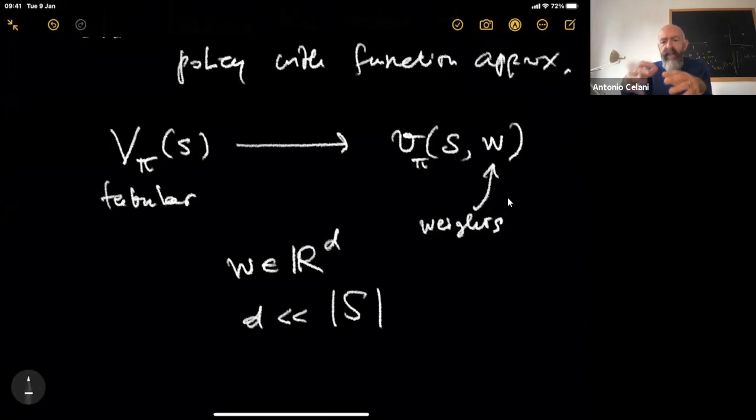But if there is some underlying structure, such that the problem can be described with a lower number of degrees of freedom, then this approximation can be successful. Example in robotics: think about a robotic arm. A robotic arm has many degrees of freedom, just like our arm. For instance, our fingers have lots of degrees of freedom.